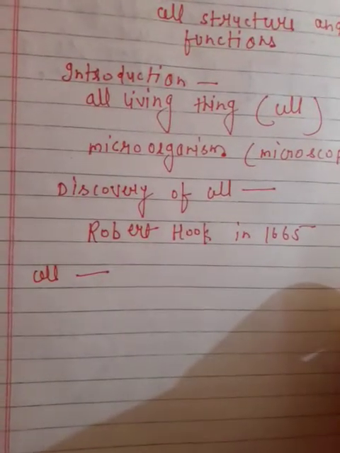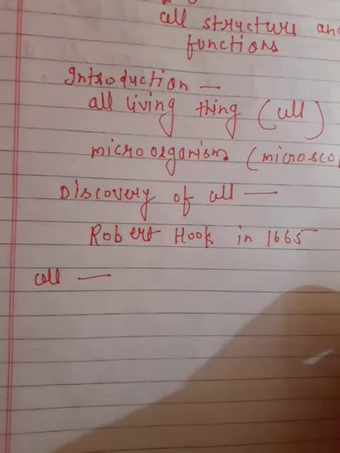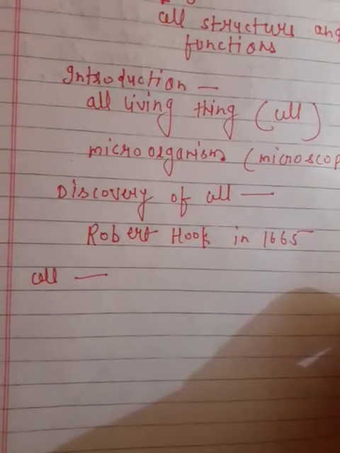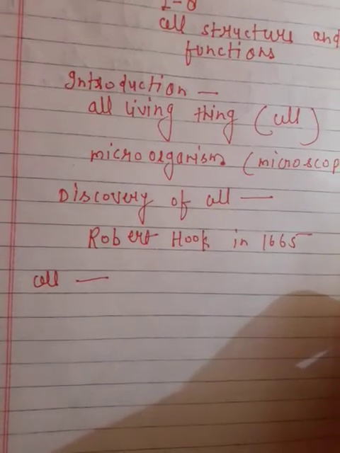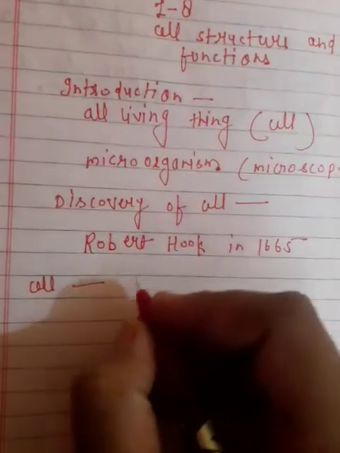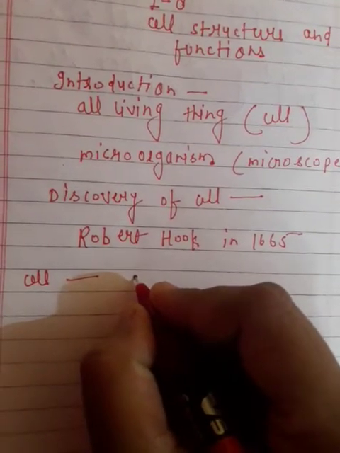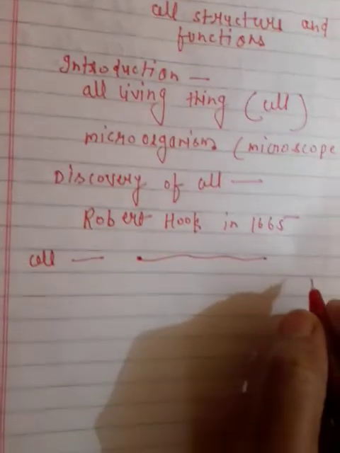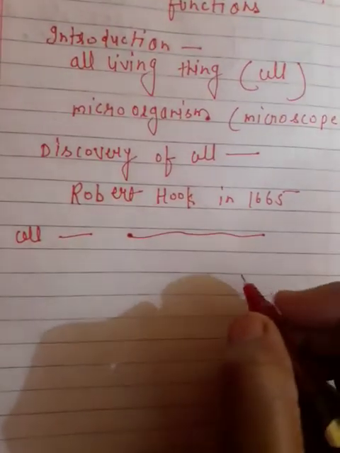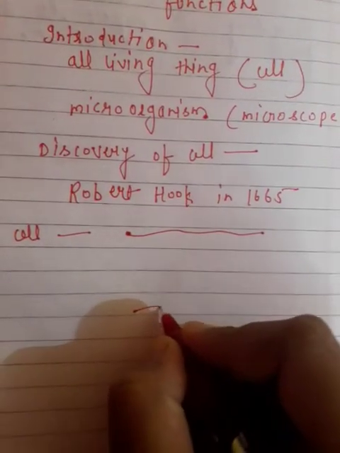Cells in an organism may be compared to bricks in a building. Just as bricks are assembled to make a building, cells are assembled to make an organism. Both bricks and cells are basic structural units.